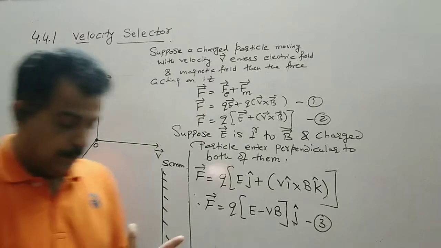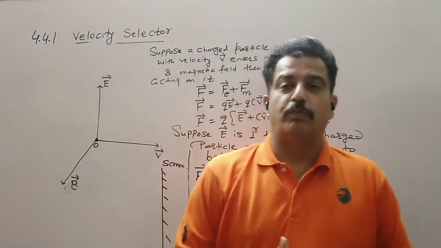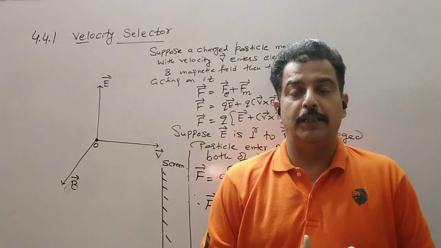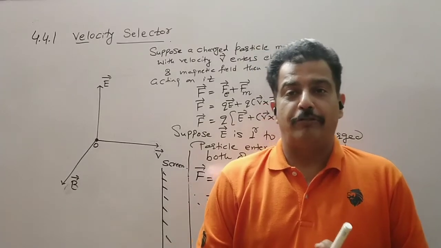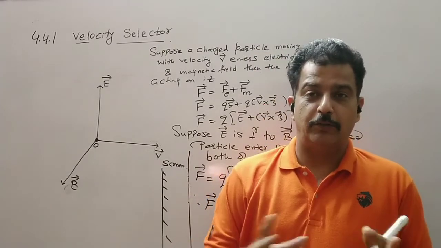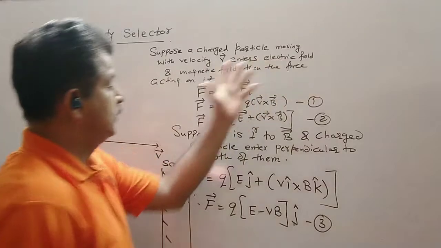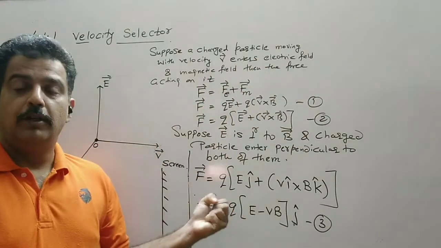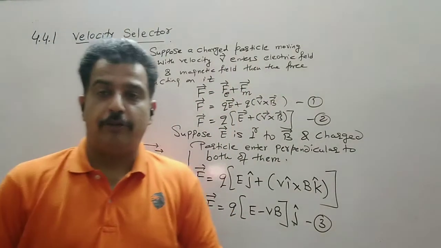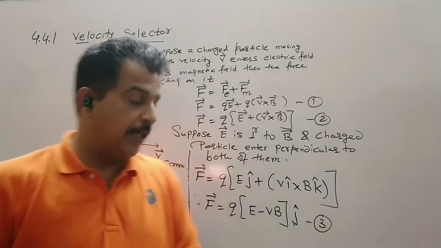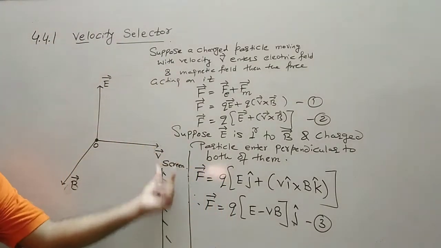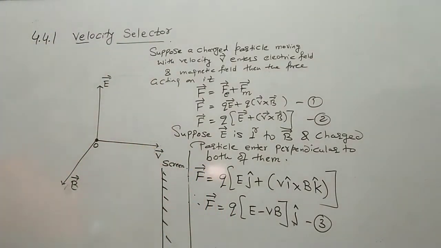Now this was an experiment which was performed by J.J. Thomson to determine the ratio of charge to the mass. That we will see later on, how this theory is useful to determine the ratio of the charge and the mass. Now suppose this is a screen where the charged particle should strike.